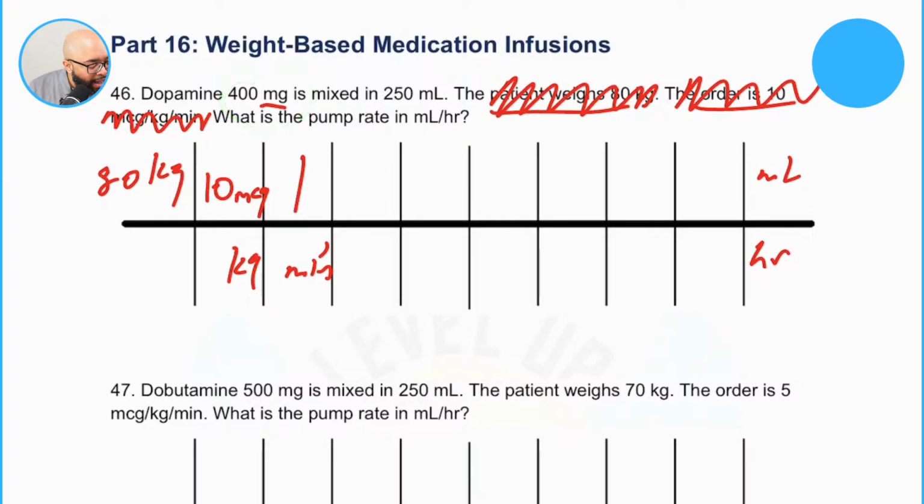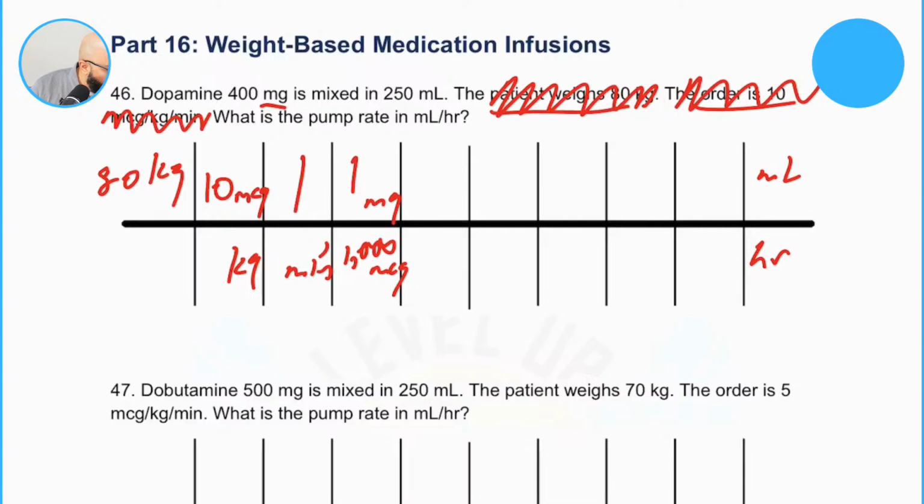The part I haven't used is this milligram part. But right now I'm in micrograms and I need to get to milligrams. Since micrograms is in the top, let's move micrograms to the bottom, and let's put milligrams there. What's the relationship of those? 1 milligram is 1,000 micrograms. All right, so now I'm in milligrams, but I've got to get to milliliters.